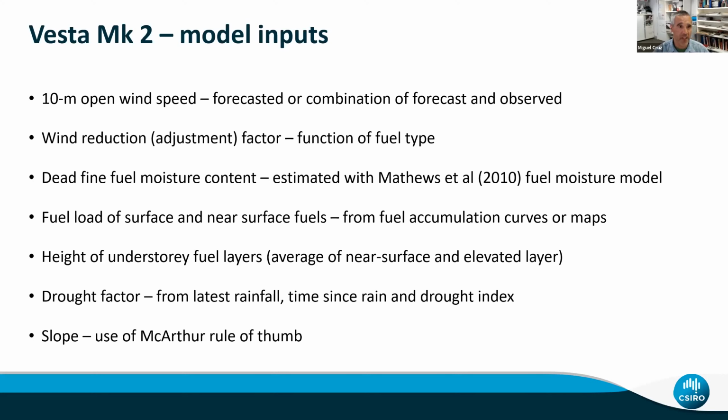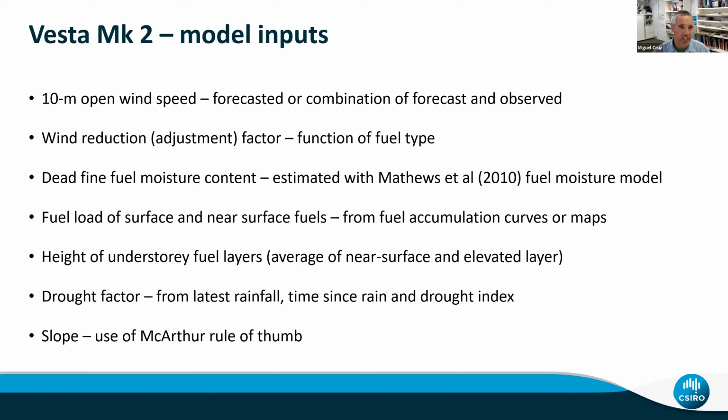Fuel load of surface and near surface fuels can come from fuel accumulation curves, maps, or some more biophysical modeling that can occur in the future. Height of understory fuel layers: this is the average of near surface and elevated fuel layers.